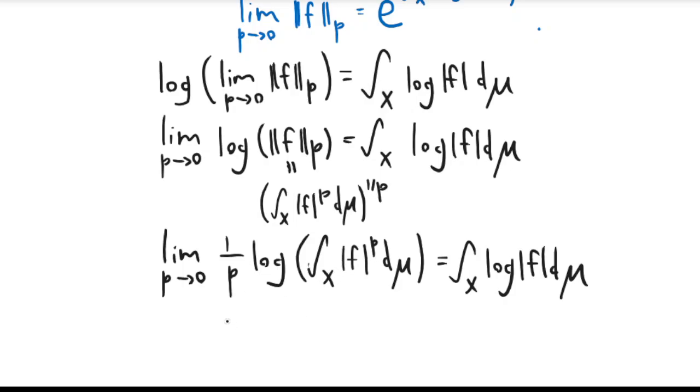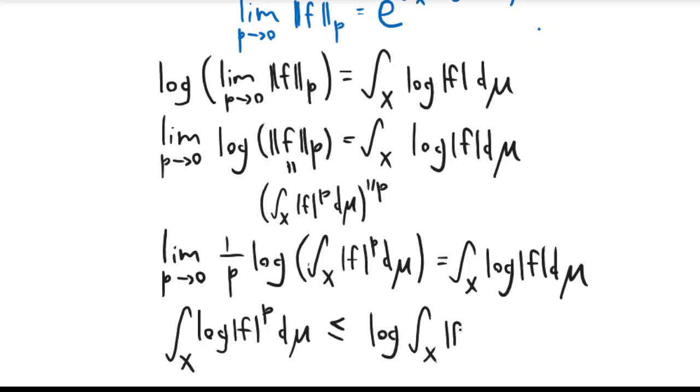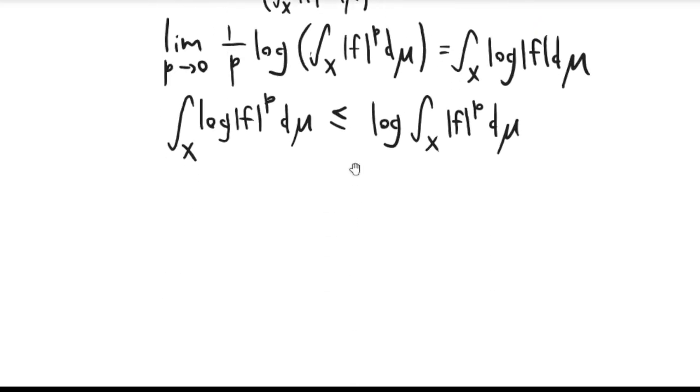But what do we know? Well, basically we know that integral log absolute f to the p d mu is less than or equal to log integral absolute f to the p d mu. And we know this by Jensen's inequality. So if you have a convex function, the reverse of this is true.